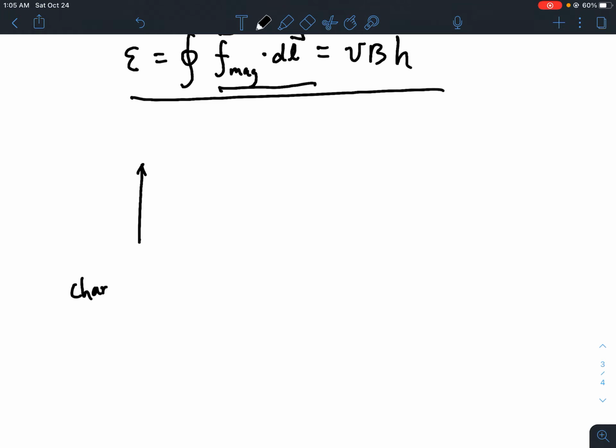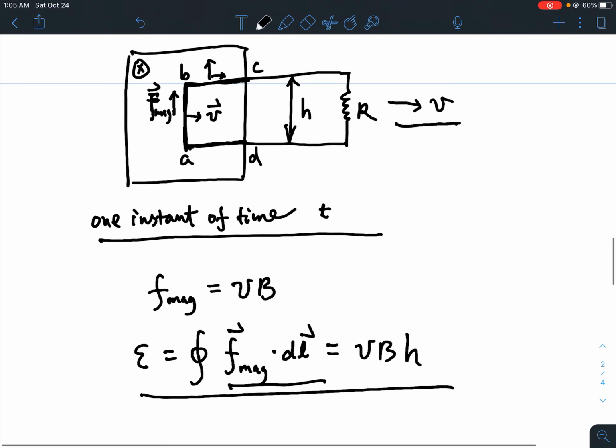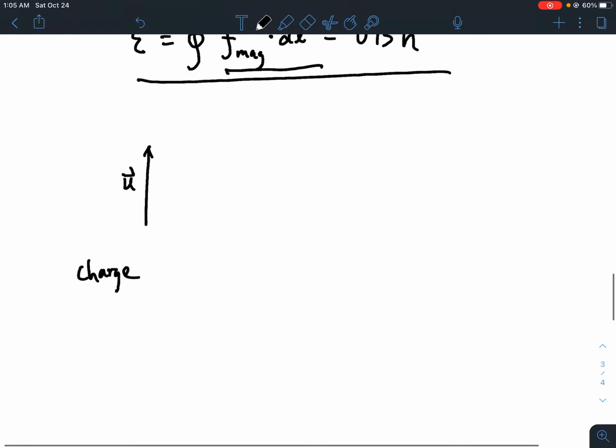This charge will have the magnetic force applied, which at this moment is in the vertical direction.